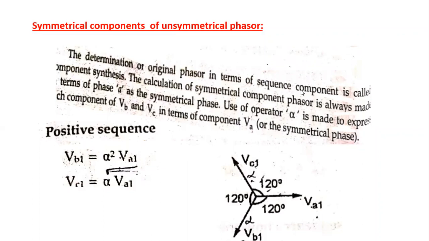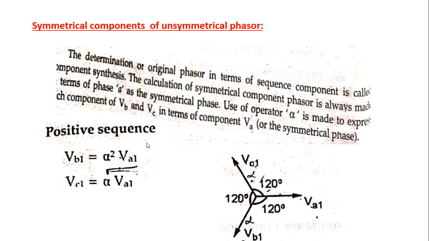The calculation of symmetrical component phasors is always made in terms of a, or alpha. Alpha is also equal to a. These components can be represented in terms of alpha or a, expressed as VA, VB and VC, the symmetrical phase voltages.